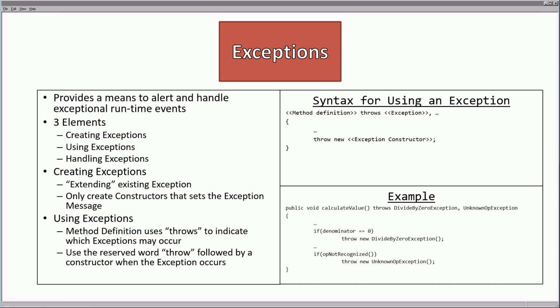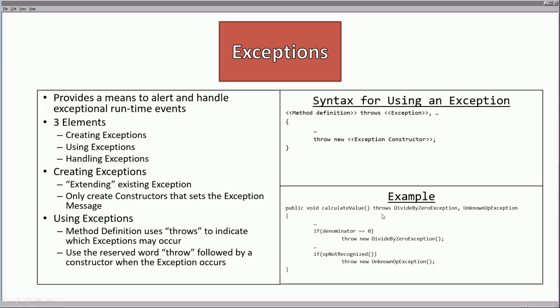An example of this would be, if we had to calculate this value, and this value could cause some sort of divide by 0 exception or some sort of unknown operator exception, now this indicates to the other programmers that this method can cause these kinds of exceptional cases, and what we have to do is handle those cases.